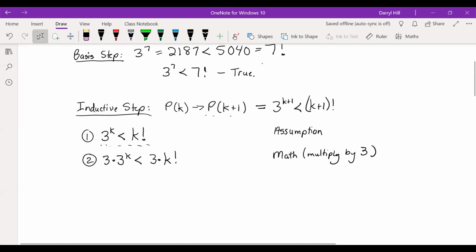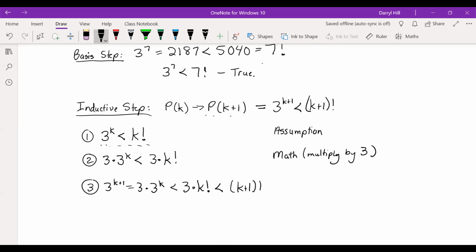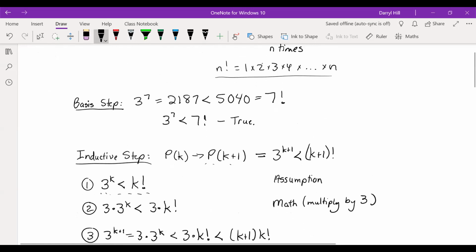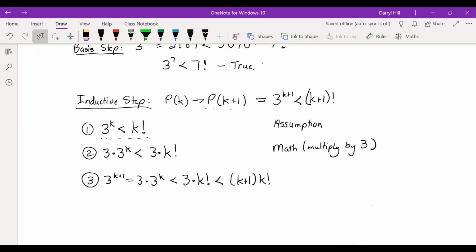And then we can observe that 3 to the k plus 1 is equal to 3 times 3 to the k, which is less than 3 times k factorial, which is less than k plus 1 times k factorial, since we're assuming that k must be greater than or equal to 7. So that's math.